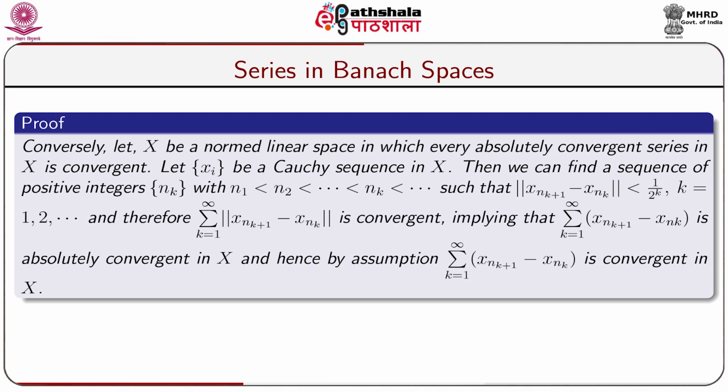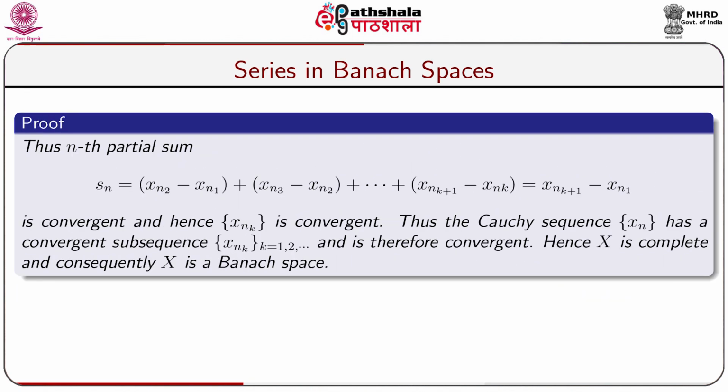So, by the comparison test, sigma k = 1 to infinity norm of x_{n_{k+1}} minus x_{n_k} is convergent, which implies that sigma x_{n_{k+1}} minus x_{n_k} is absolutely convergent in X, and hence by assumption it is convergent in X.